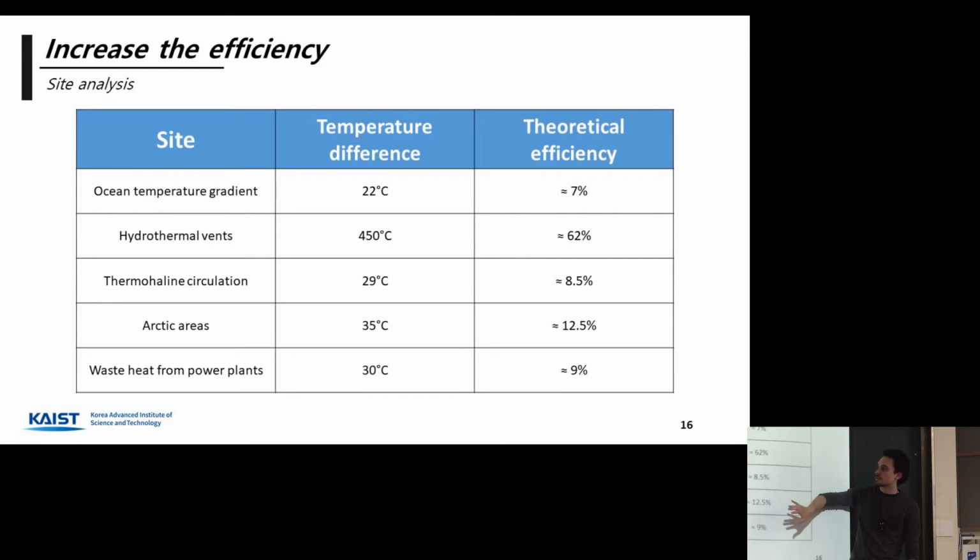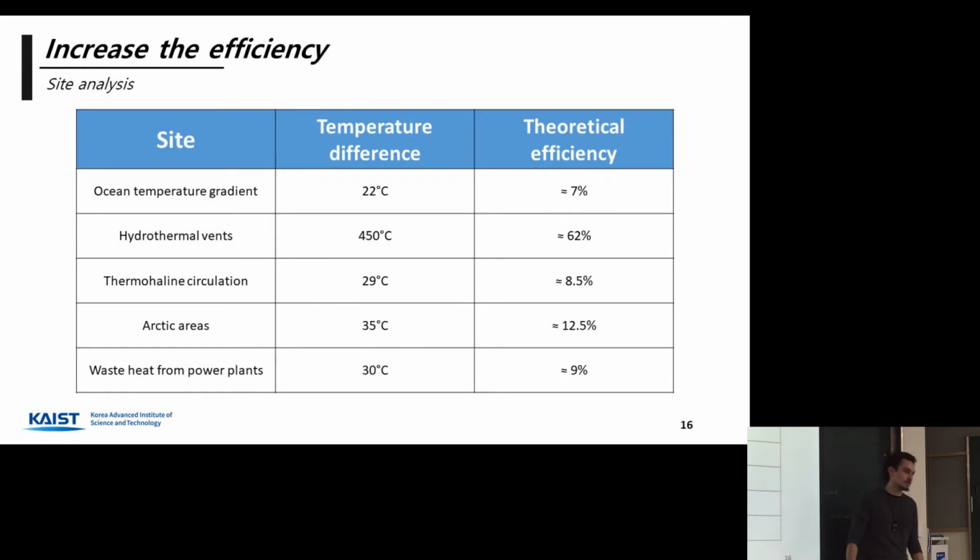Thermal line circulation is good, but not big enough. Arctic areas will be just good, but as we talked about, it's also really difficult to achieve. And the waste heat out of a power plant is also not enough.